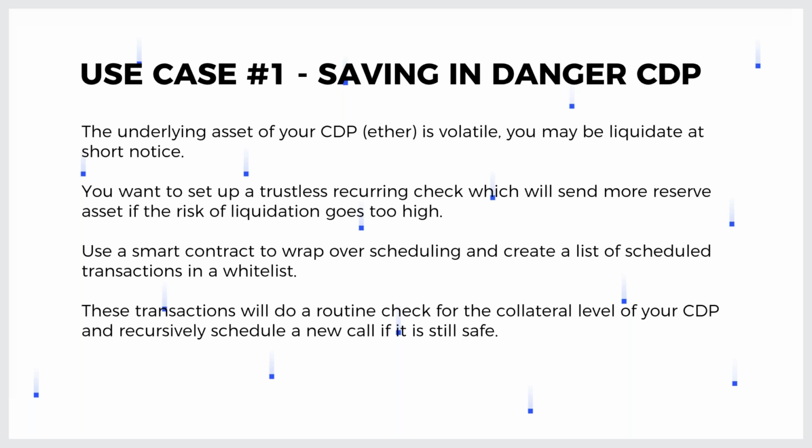So this first use case is important if you have a debt position. There's the possibility that if you have a debt position open, and the collateralized asset, so Ether, falls in price, your CDP will get liquidated, because essentially you loaned yourself some DAI from an amount of Ether, and the Ether is now worth less than how much DAI you've loaned yourself.